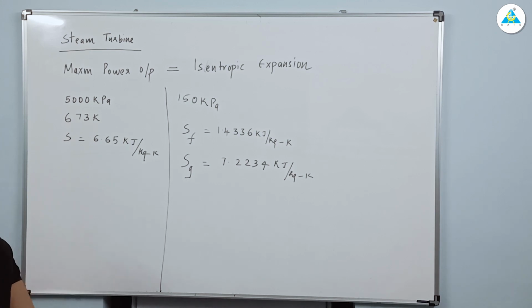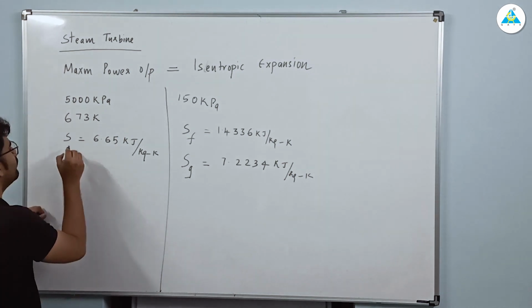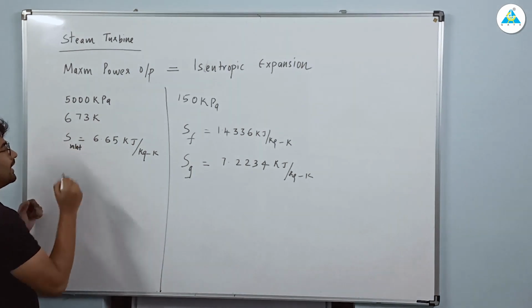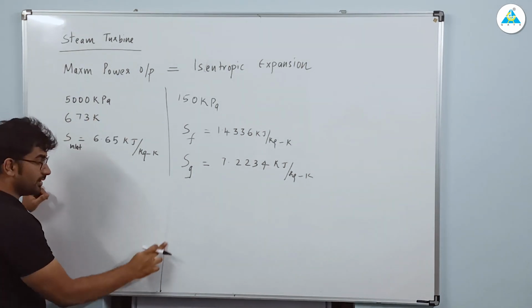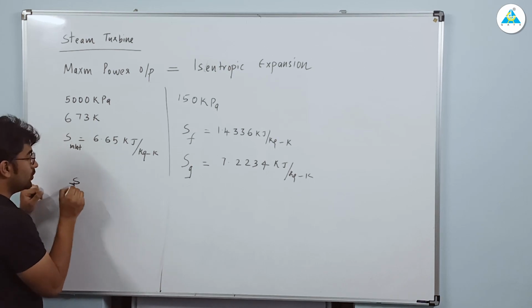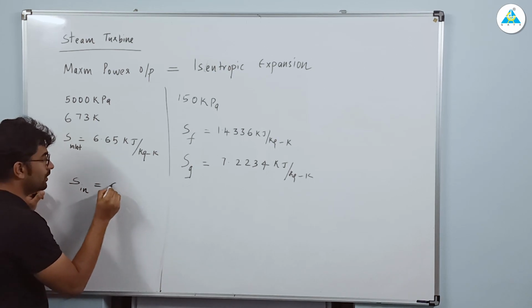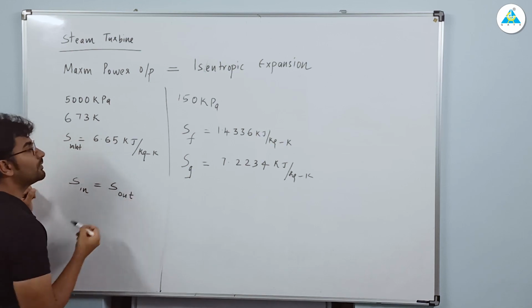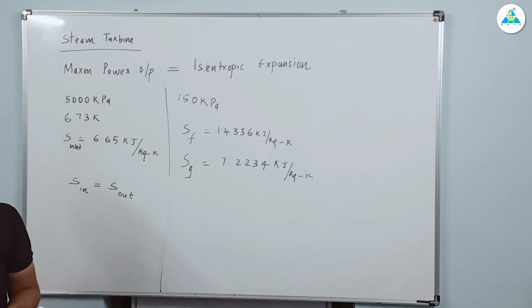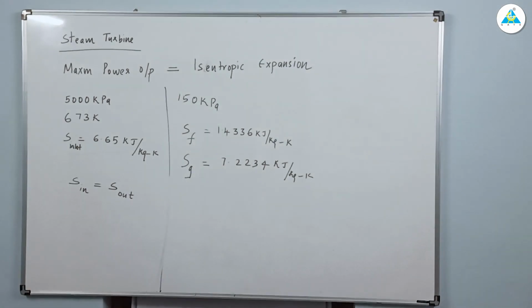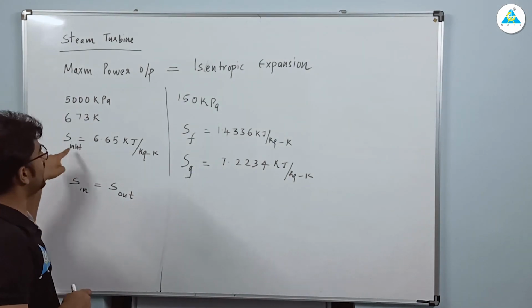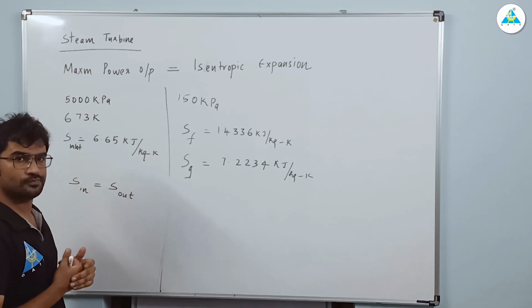So initially steam undergoes an isentropic expansion from 5000 kilopascal and 400 degrees Celsius. So entropy of the steam, right? So this is your entropy of inlet, right? If it is an isentropic expansion, your entropy of the inlet should be equal to what? Entropy of the outlet. Clear? So when they give you steam entropy at the inlet is this much, right?